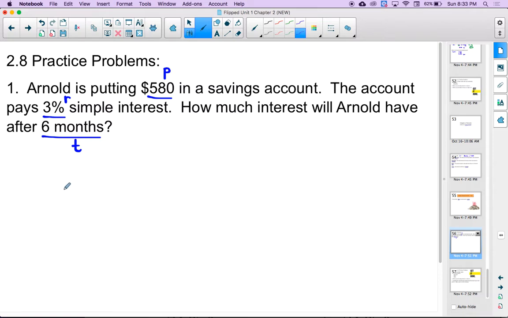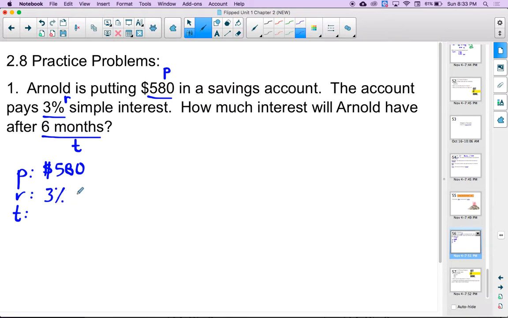Okay, so the way I like to get this started is very similarly to the other percent problems that we do in the chapter. I like to get really organized. I know we kind of did this above, but we're going to get organized quickly down here. The principal is $580. That's the amount of his investment. The rate is 3%.